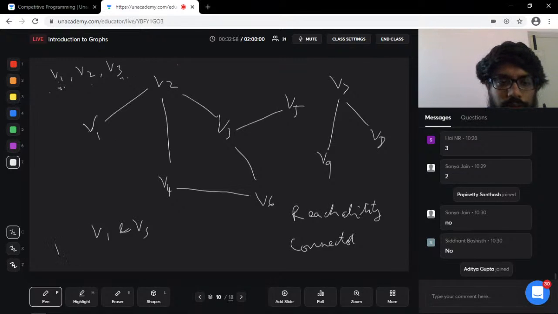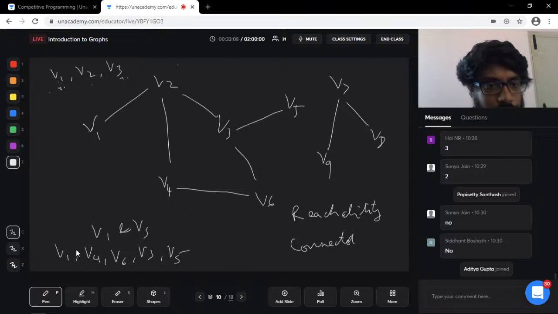Similarly, I can have V1, V2, V4, V6, V3, V5. So from V1 I can go to V2, from V2 to V4, from V4 to V6, from V6 to V3, from V3 to V5.